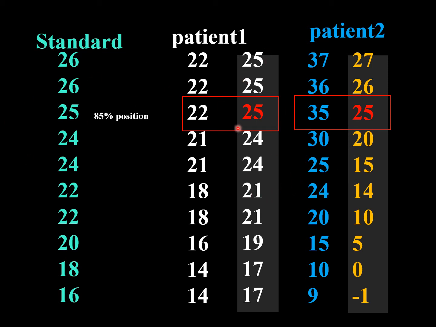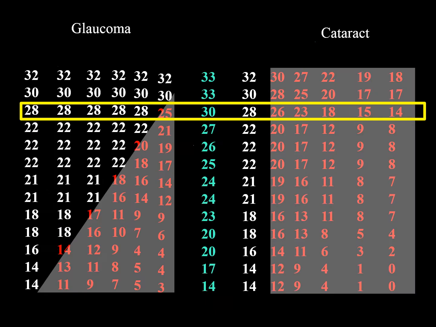So the software just adds or removes things depending on the difference between the 85% location value of the patient and the normal. This way, all the time we are going to remove the effect of cataract, and nothing will be affecting the glaucoma except in the late stages of glaucoma.